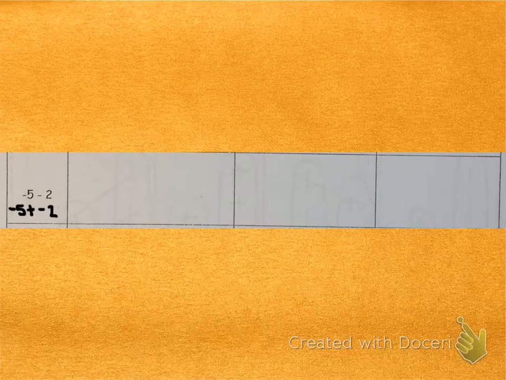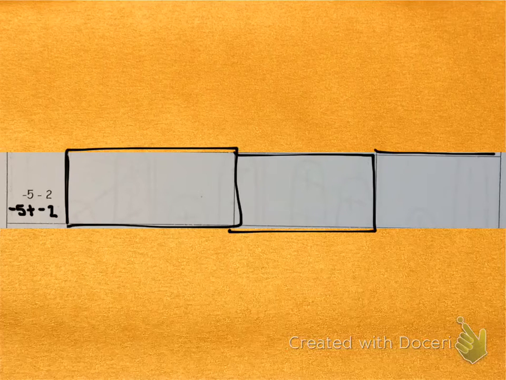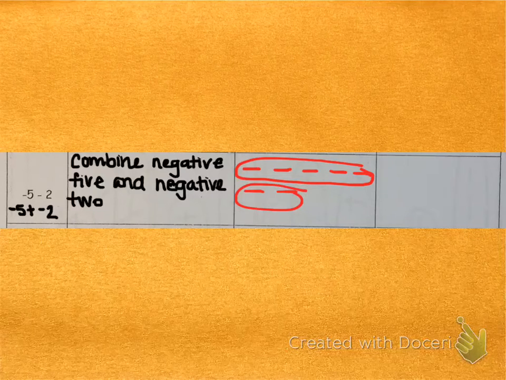So I want you to write the words, I want you to write my model and pictures, and I want you to write the result in the number sentence, and press play when you have finished. So your words should be combine negative 5 and negative 2. You should have 5 negatives and 2 negatives. Those are all negatives, so we have no zero pair.